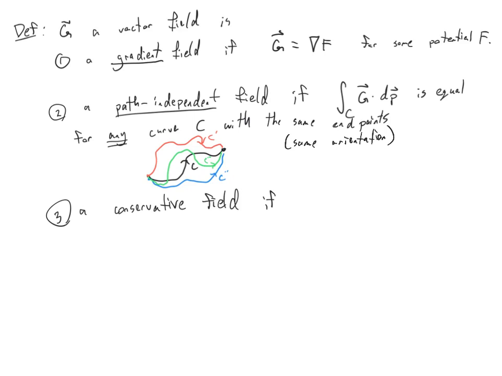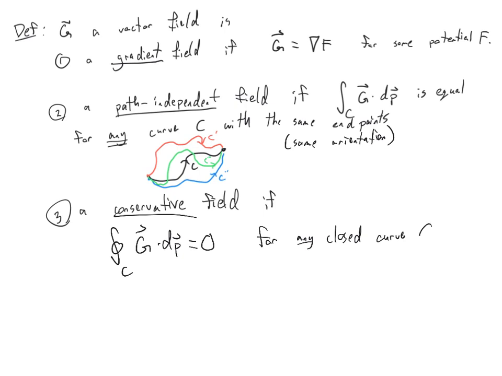And finally, the third definition: G is a conservative field if the integral over any closed curve C of G dp is 0.